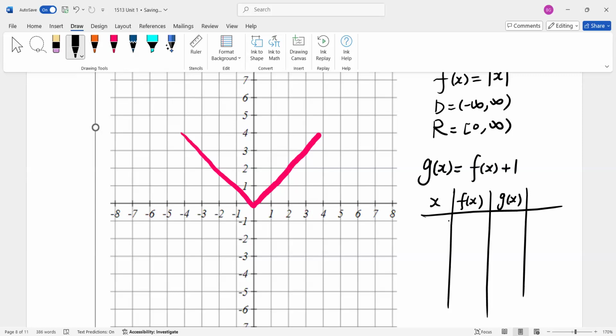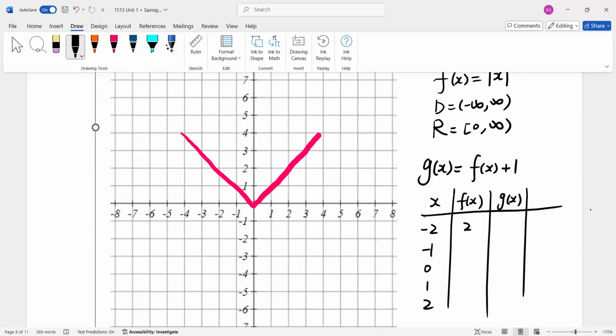So I'm gonna randomly pick some numbers, let's say -2, -1, 0, 1, 2, just for convenience. So when x assumes value -2, f of x, the mother function, which is the absolute value function, equals 2, right?